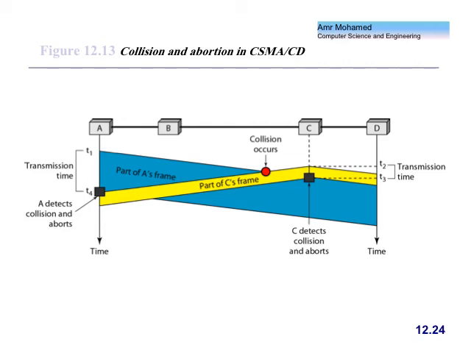Because if it's less than T4 minus T1, this means A will figure out that I sent the frame, during the transmission collision did not happen, therefore this frame has been sent.